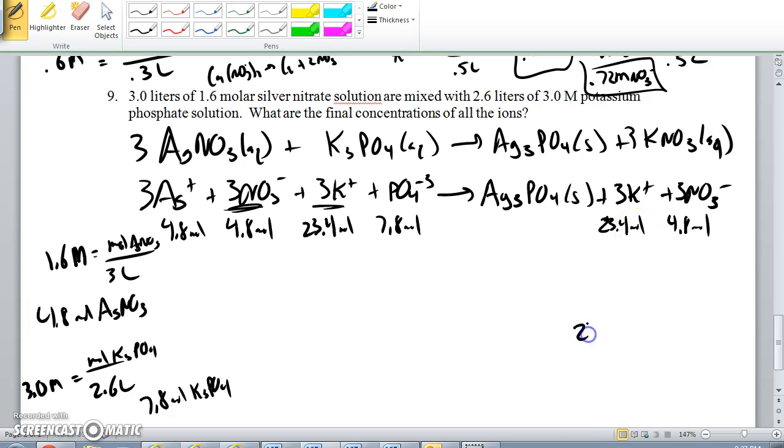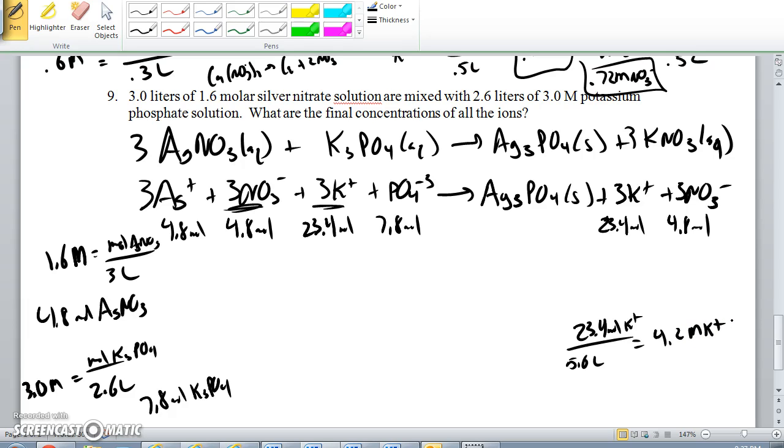So we're going to take the 23.4 moles of K plus, divide it by the 5.6 liters, and our K plus concentration will be 4.2 M of K plus.